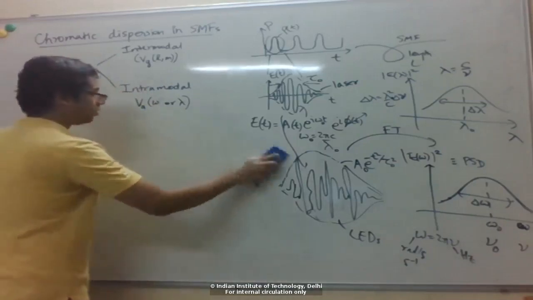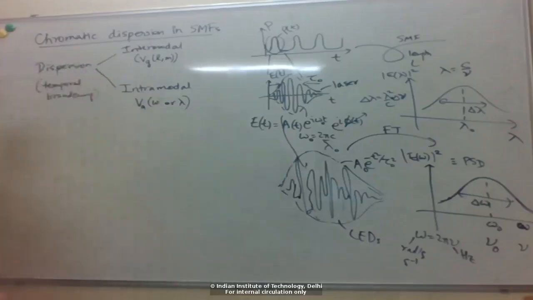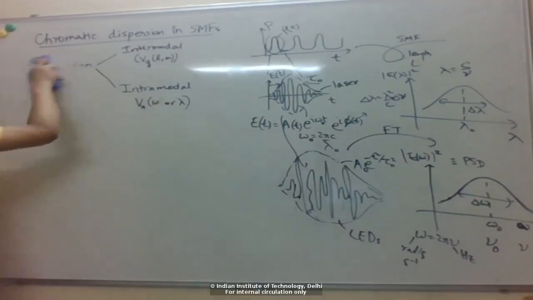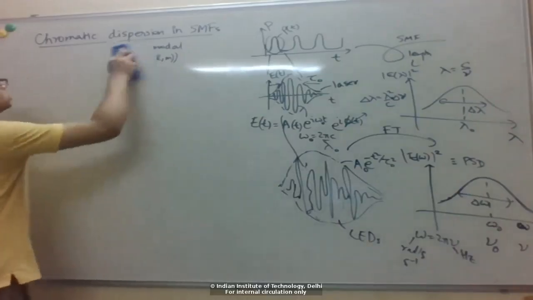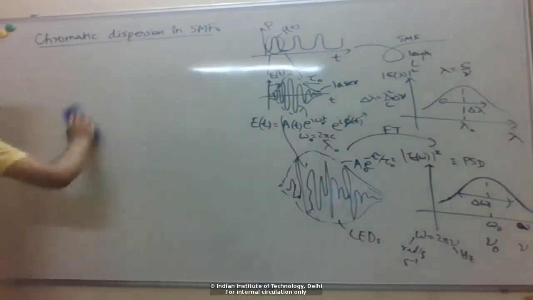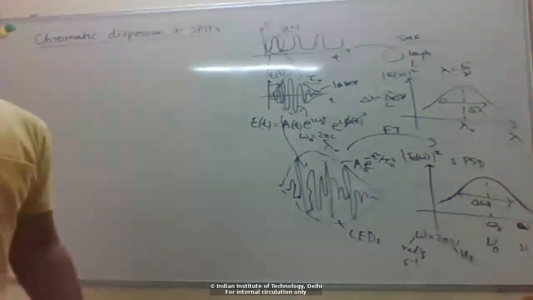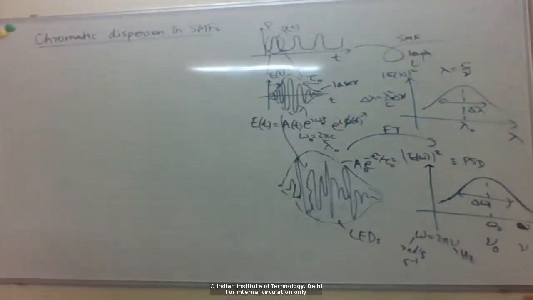So if we do it in the wave picture, you calculate the propagation constant for different modes, and then you calculate basically the group velocity at different modes. Or in the ray picture, you can just calculate the time taken by different rays. That's what we use, right?